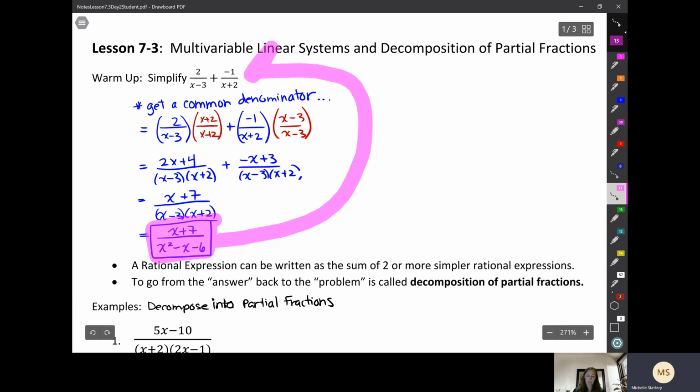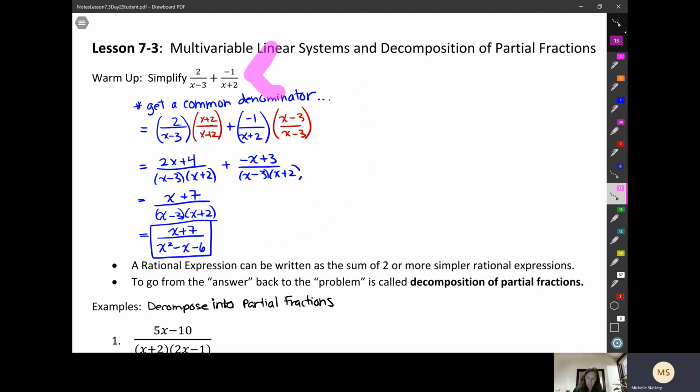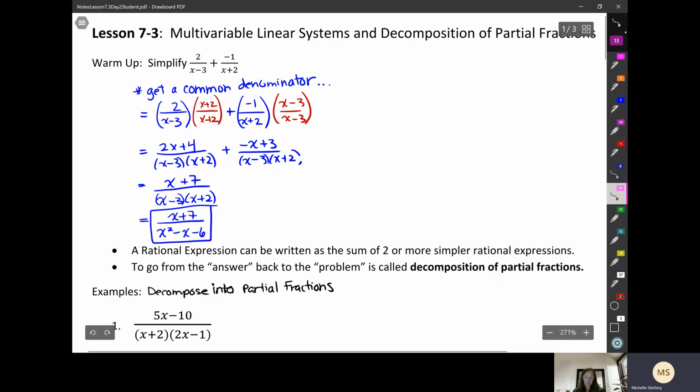So you're going to work it backwards and figure out what were the two rational expressions that were added together to get that x plus 7 over x squared minus x minus 6. As you can see in this bullet point, we're going to go from the answer back to the problem that we're used to seeing. That's what we call decomposition of partial fractions.